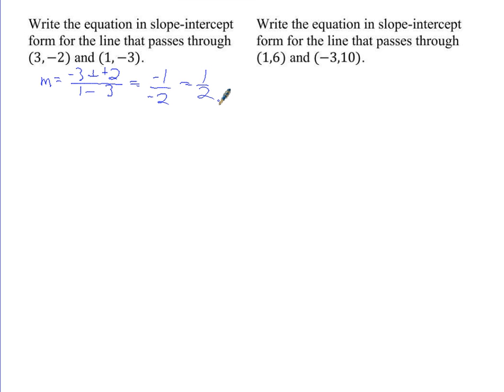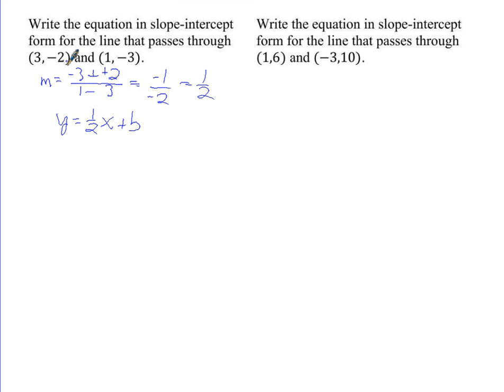Now that I have that, what do I do? Write your equation, y equals, okay? So what did I tell you to do next? Plug in either one, whichever one looks easiest. Doesn't matter which one you pick.